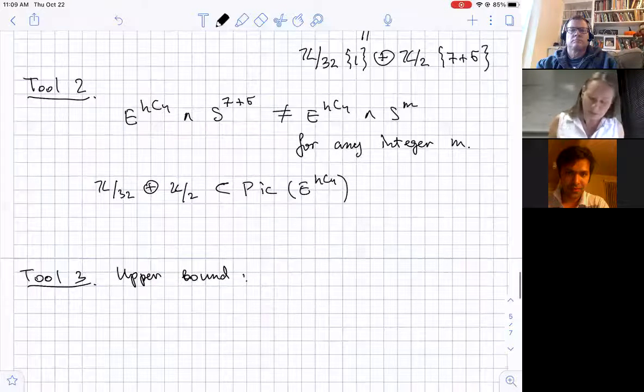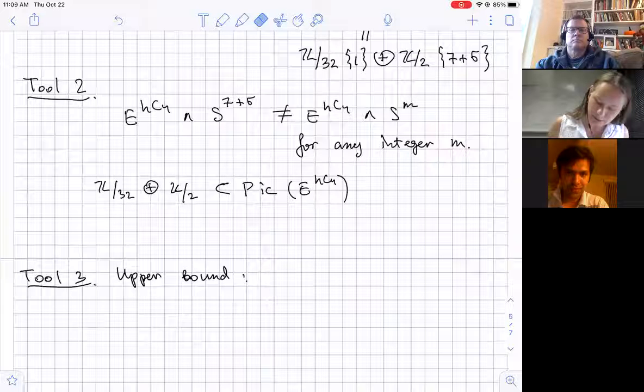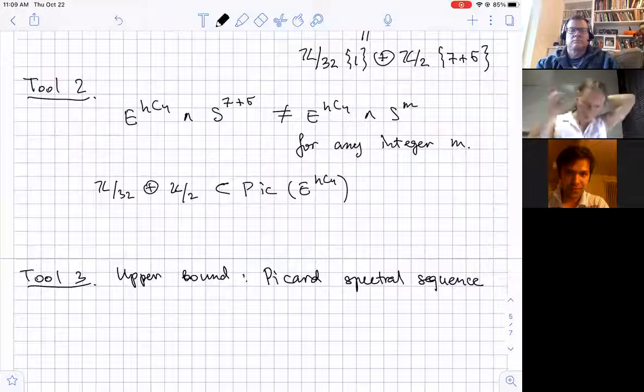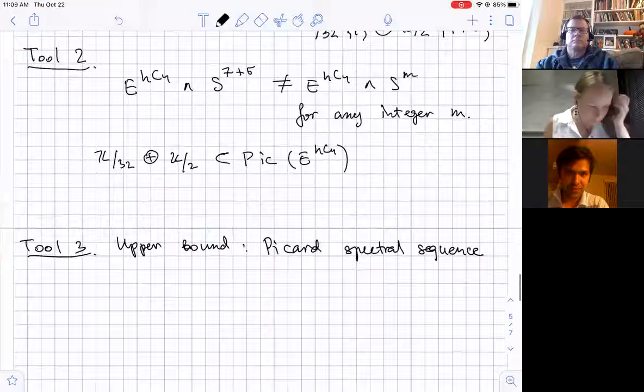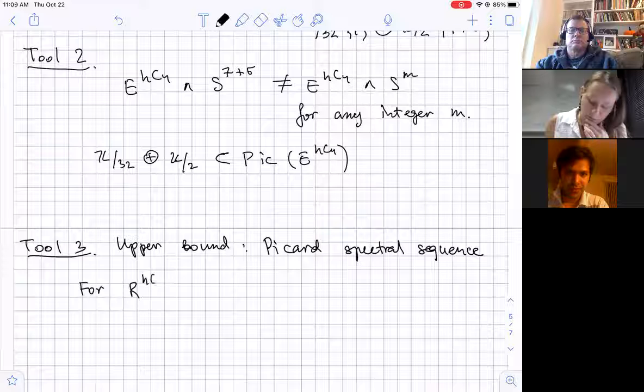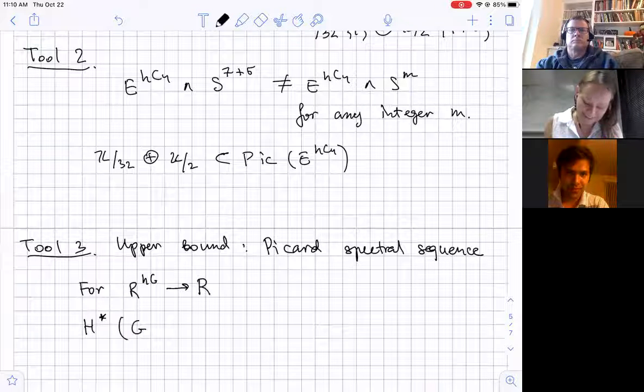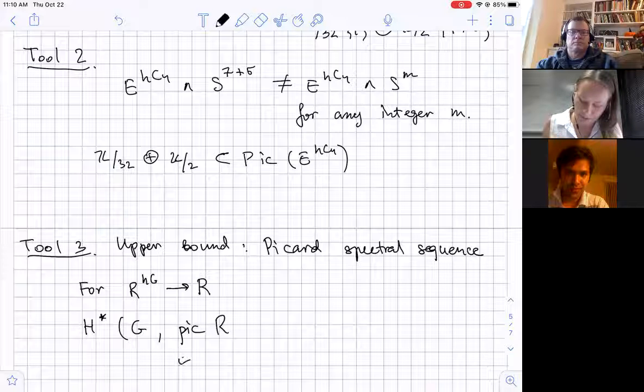And here we use the Picard spectral sequence. It's yet another tool. Okay, so maybe just very briefly for those of you who don't know what that is. If I have a Galois extension, then, I'm really abbreviating a lot of stuff here, there is a spectral sequence, and this is something called the Picard spectrum.